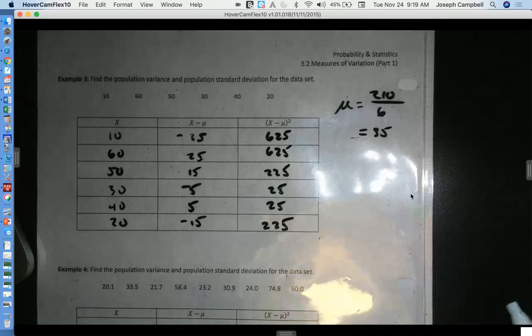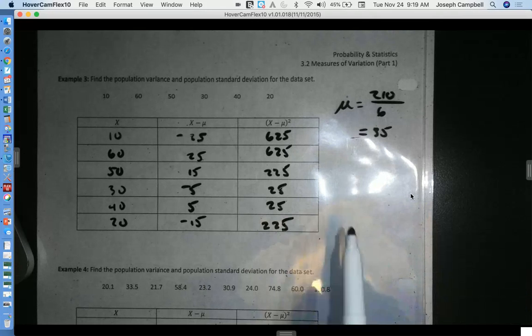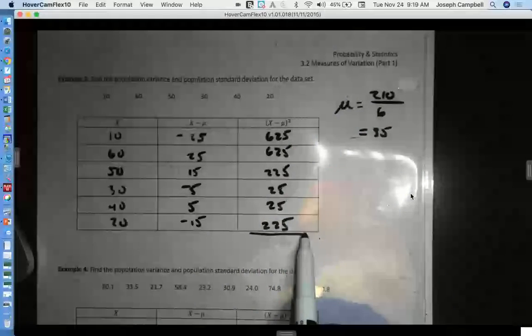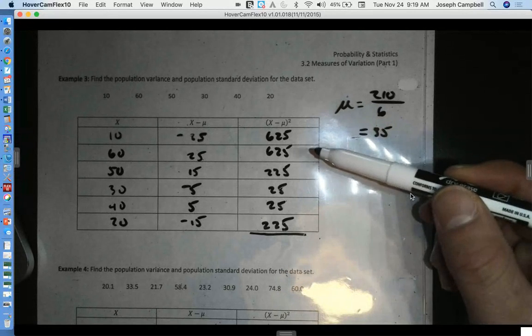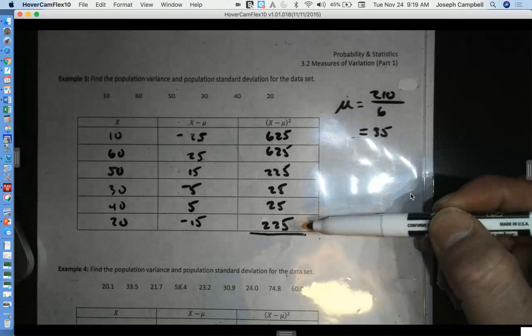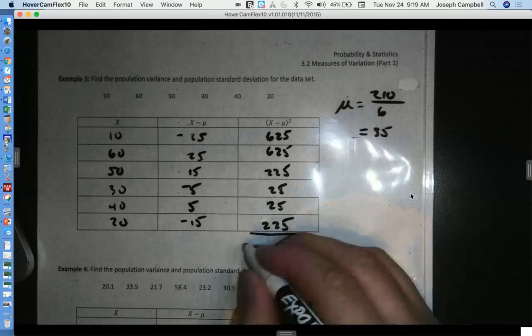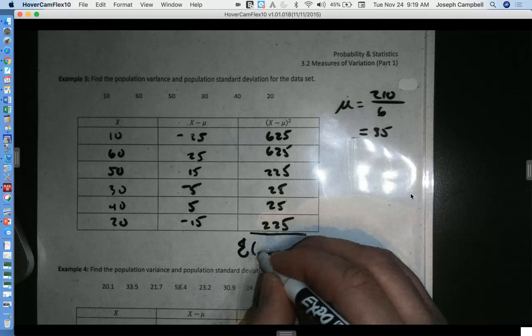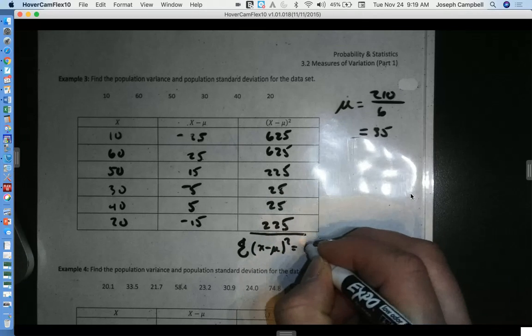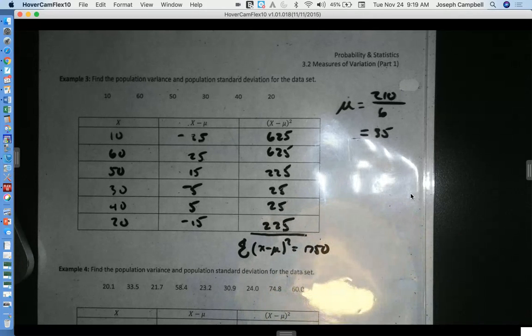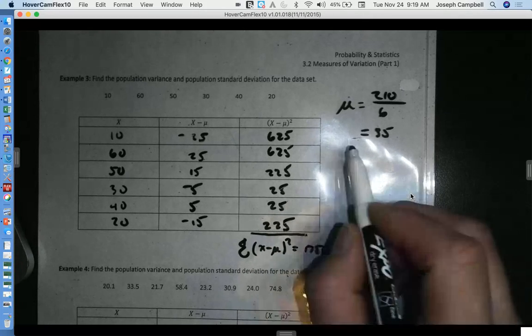Okay. All right, so let's add these up. If you add up all of these, you will get 1750. So the sum of x minus mu squared is equal to 1750. Okay.